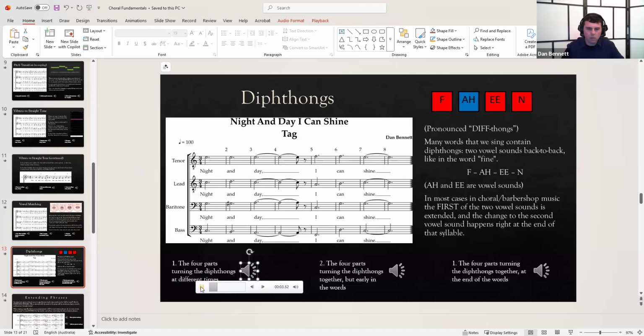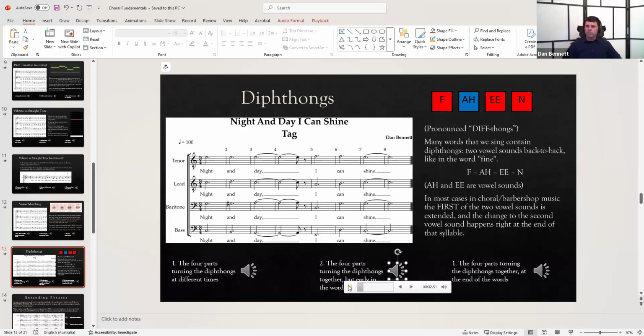Night and day, I can shine. This is the example number 2. The 4 parts turn the diphthongs together, but early in the word.